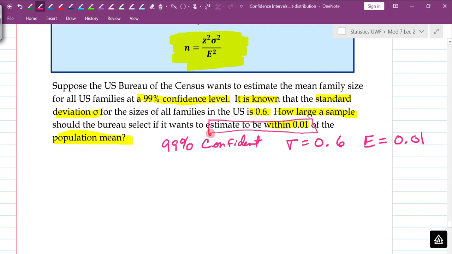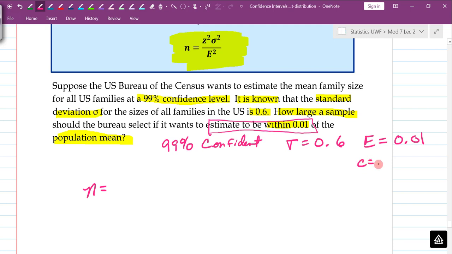Well, in order to calculate N, our sample size, we need Z, okay? Z is going to be determined by our confidence here. Remember, we're looking at a confidence interval that we're going to calculate. Therefore, we know that our confidence coefficient, our C, is 0.99.